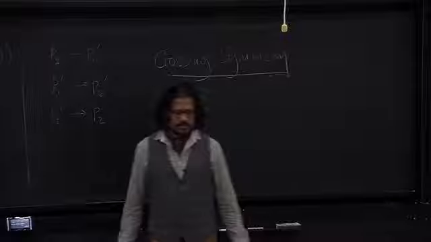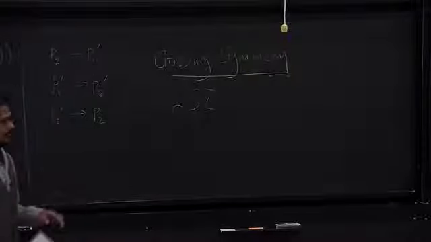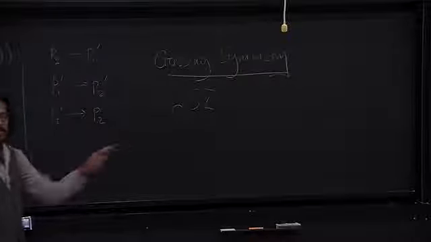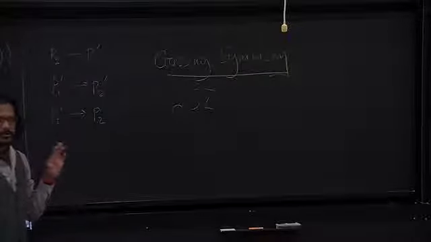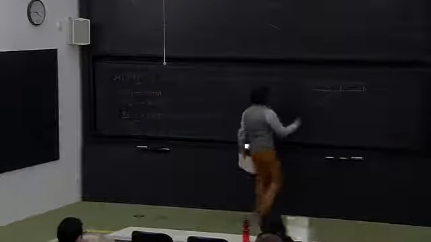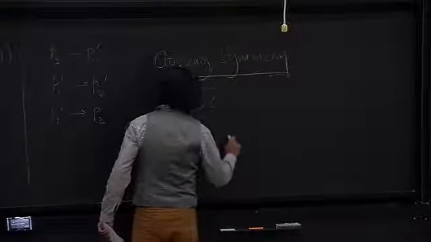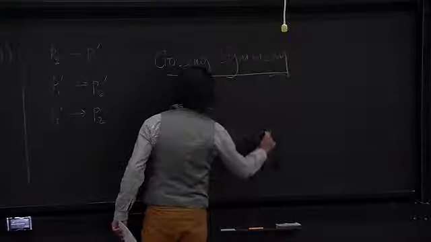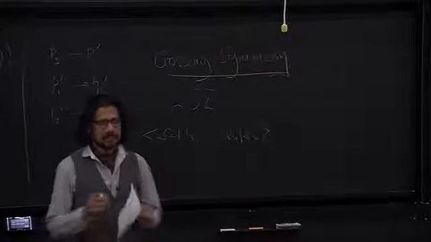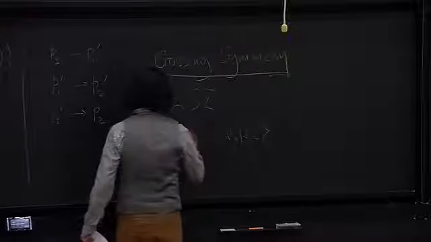Remember what the LSZ formula does: you calculate formally, whether you can actually do it in real life or not, that's a different question, some n-point function of the vacuum. And somehow you extract from this the S matrix element of some particular process. And there's some time ordering here.